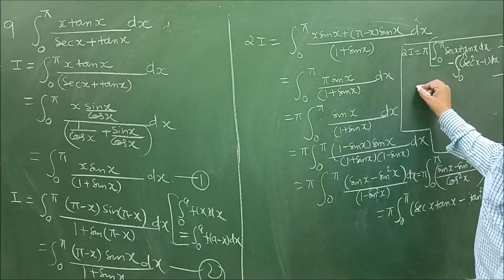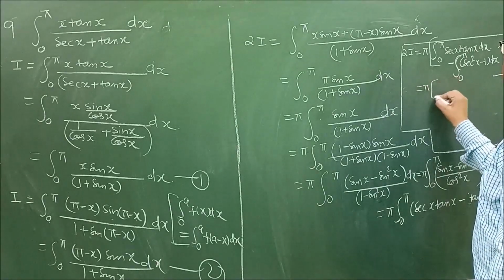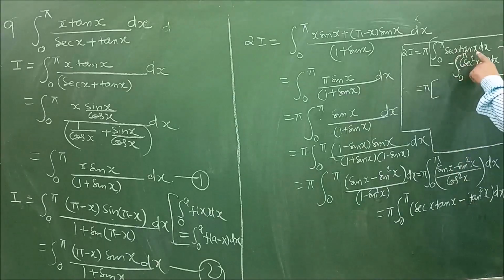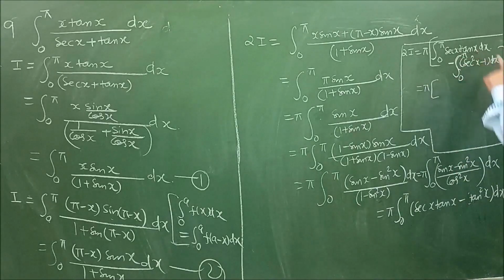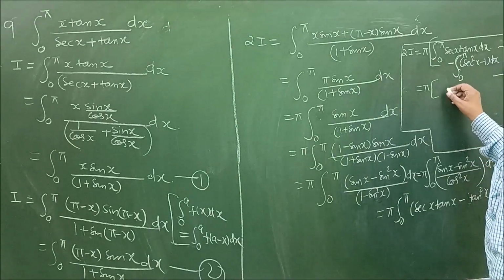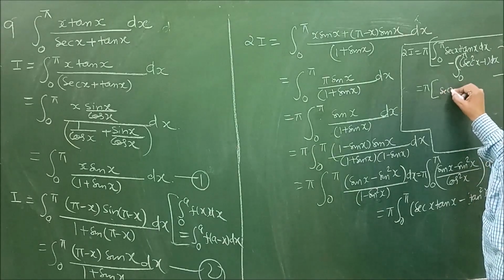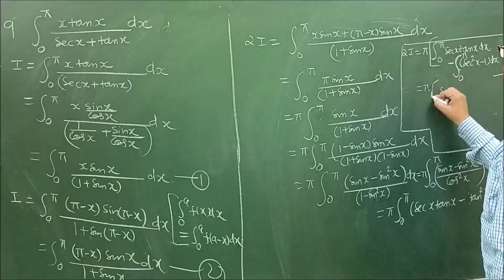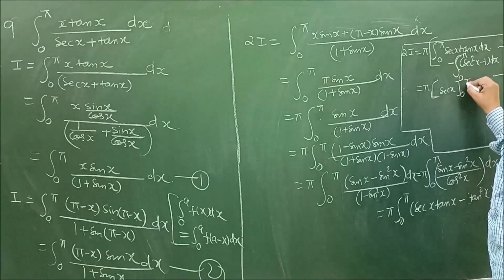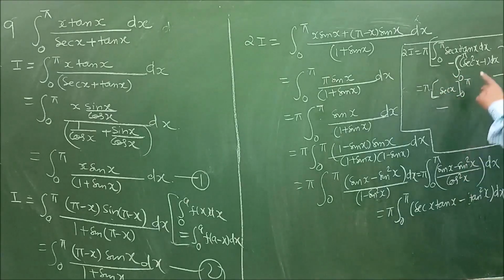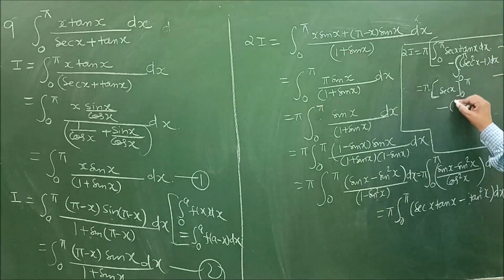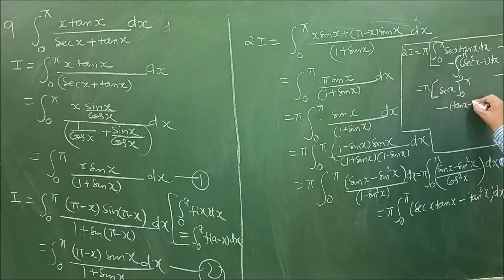So this is equal to pi into sec x tan x, the integral of which is sec x, from 0 to pi, minus the integration of sec square x dx, which is tan x, minus x, from 0 to pi.